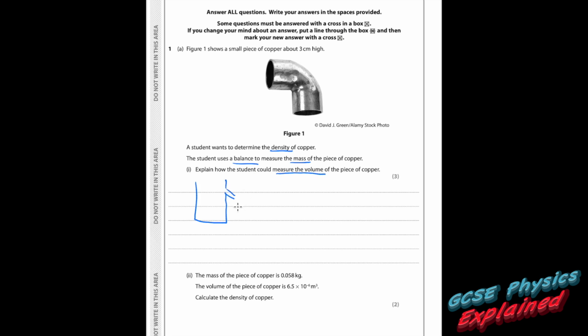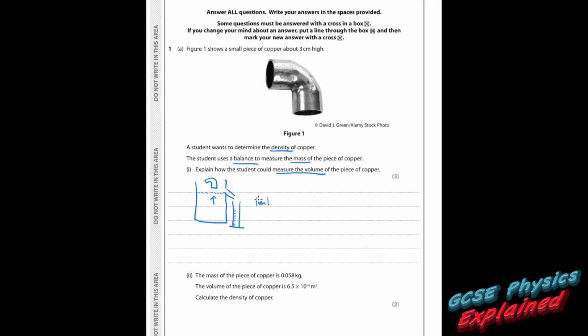one of these displacement canisters, otherwise known as a Eureka can. So fill it up with water, up to there. And you want to put a measuring cylinder here, empty. And when you pop the piece of copper in, that water level is going to rise, and we'll just catch the water in there.